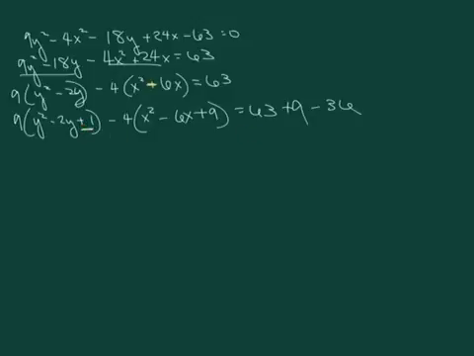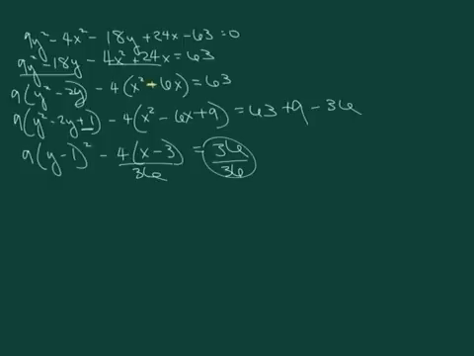So now let's go ahead and complete the square. 9 times y minus 1 squared minus 4 times x minus 3 squared equals 36. Okay, now we got to get it in the right form, so we have to divide everything by 36 because this over here has to be 1.